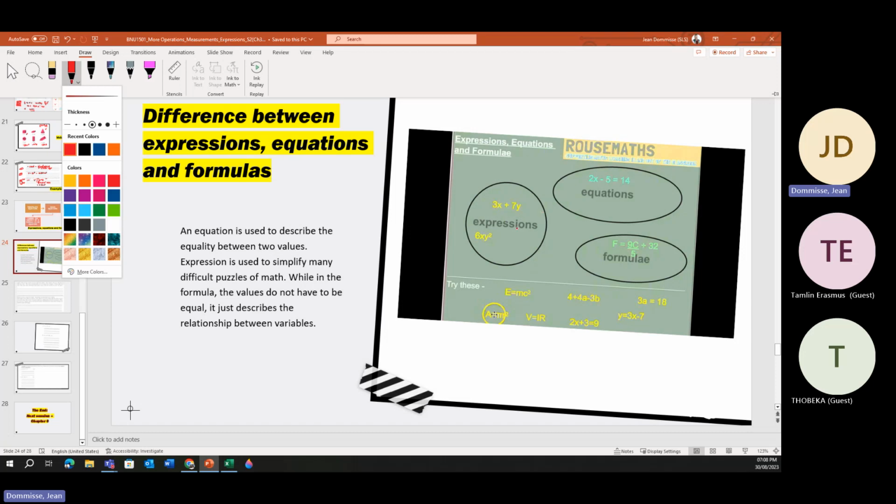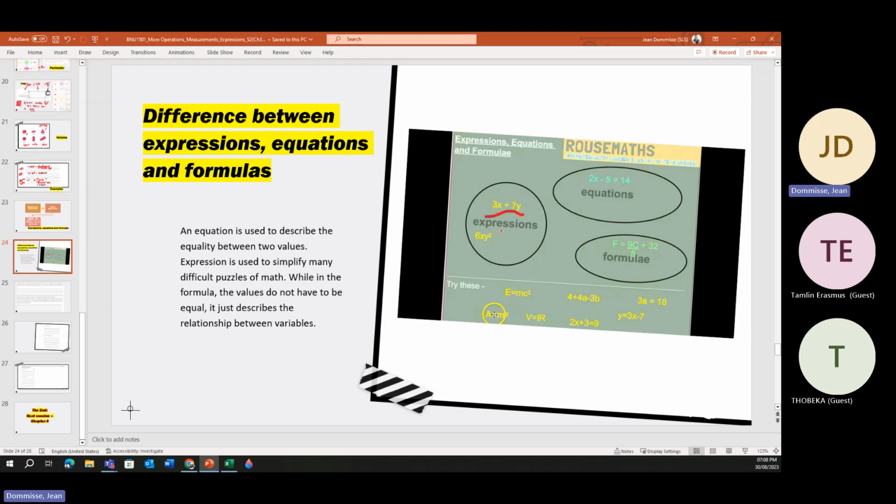You don't say equal to, that is just your expression. An expression can also be 5x to the power of 3 or to the power of 2 minus 3. When it becomes an equation is when you say it's equal to something. So that part was the expression, but if you add the equal to something, then it becomes an equation.